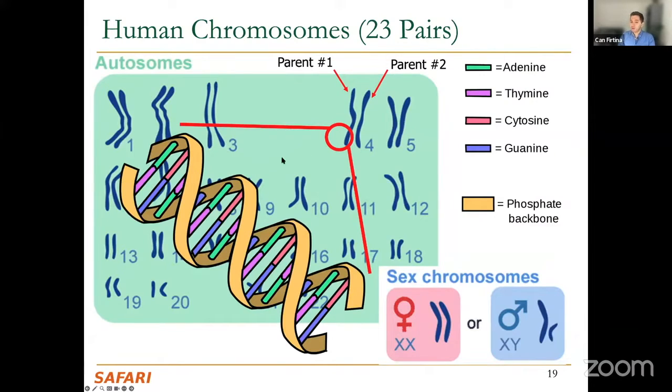And as you may know, adenine will bind to thymine, and cytosine will bind to guanine. So if in one strand you have an adenine, then we can say with very high confidence that we have thymine in the other strand.